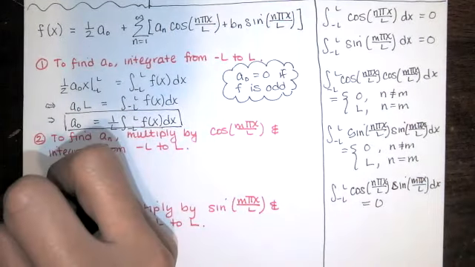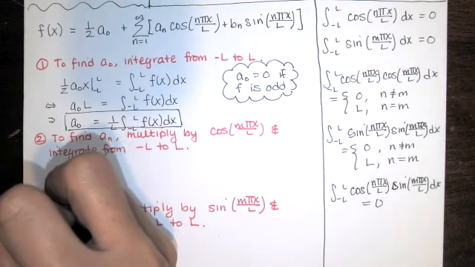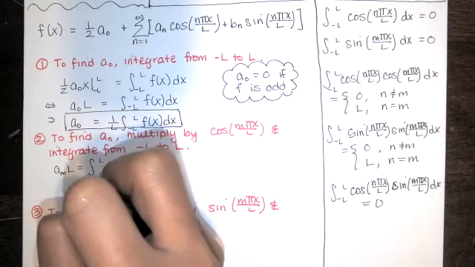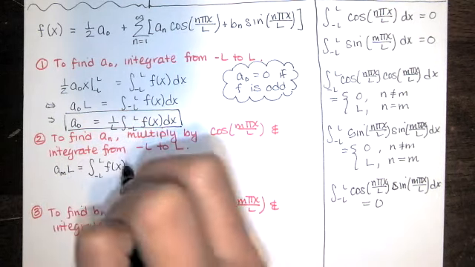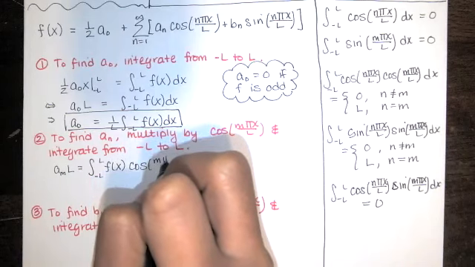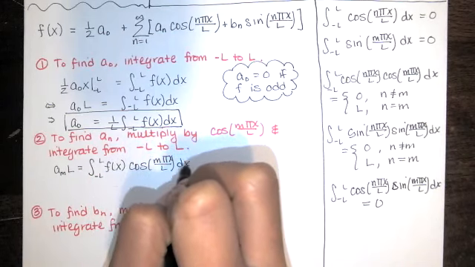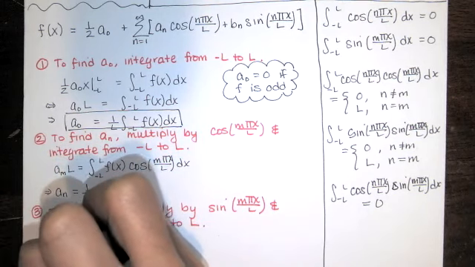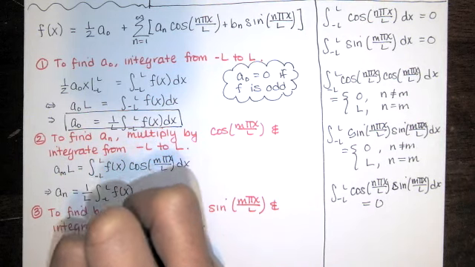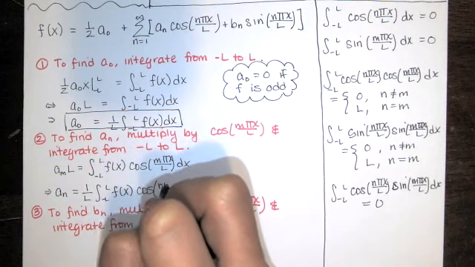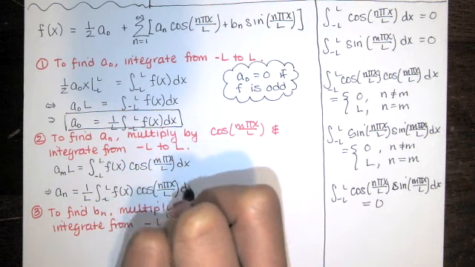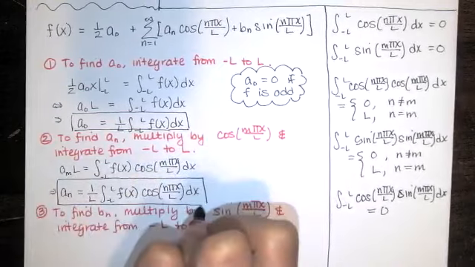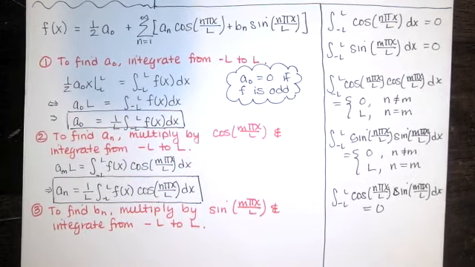So the left-hand side is a sub m times L. And the left-hand side is the integral from negative L to L of f of x times cosine of m pi x over L. So I can change from n or m back to n, and I have this. And that is still our formula. I know I'm doing a lot of hand waving here. If you want to see me write out all of this stuff, I did that in the last video.